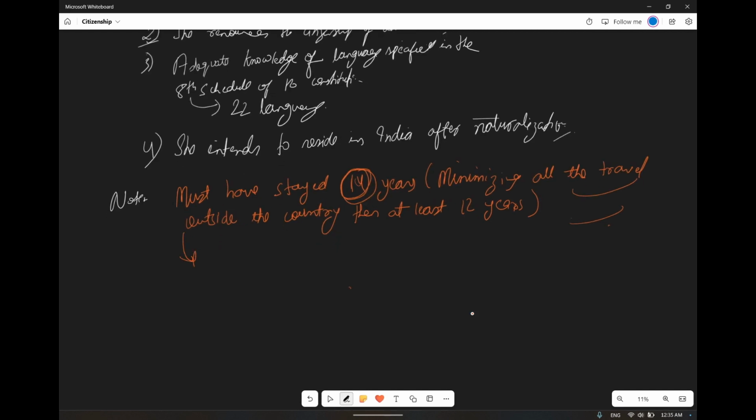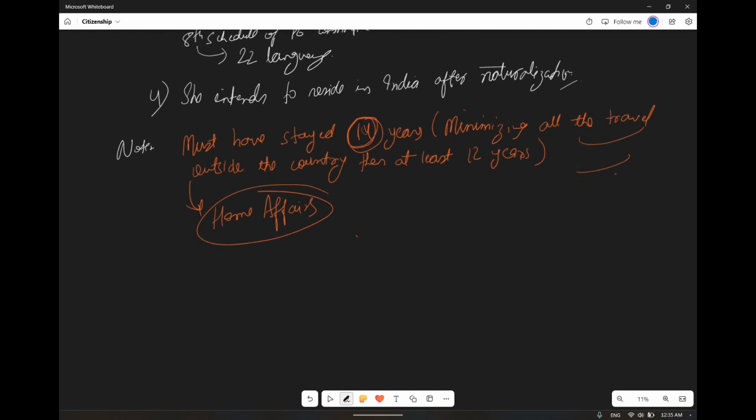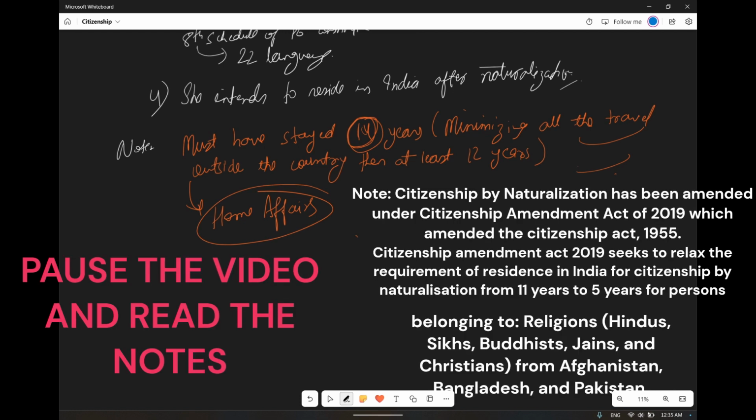This power of giving citizenship by naturalization is given to the Home Affairs. The central government may waive all or any of the conditions for naturalization in the case of a person who has rendered distinguished service to science, philosophy, art, literature, world peace, and human progress.